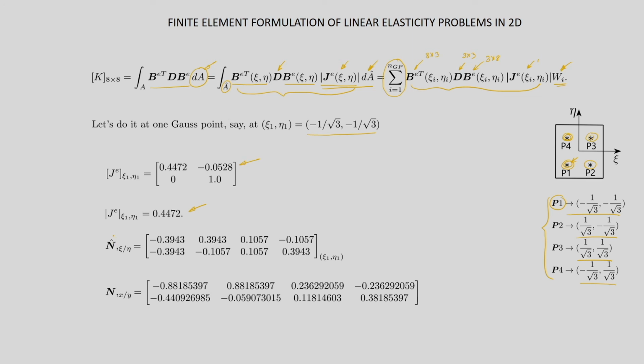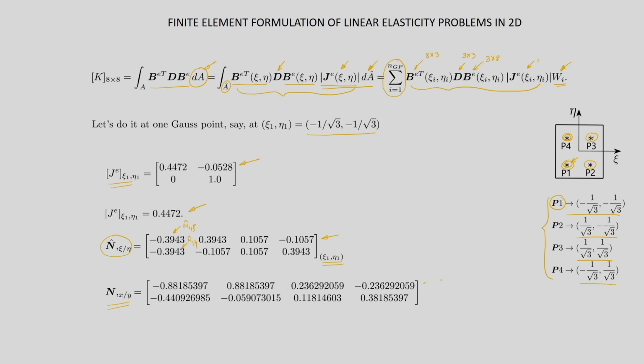Then we will calculate the derivatives of the shape functions in the master element at xi 1 eta 1. So, these are the values. This is the derivative N1 hat comma xi, this is N1 hat comma eta at xi 1 eta 1 and so on. Then we have pre-multiplied this N hat comma xi eta by J inverse transpose calculated at xi 1 eta 1, and we got the derivatives of the shape functions in the physical element.